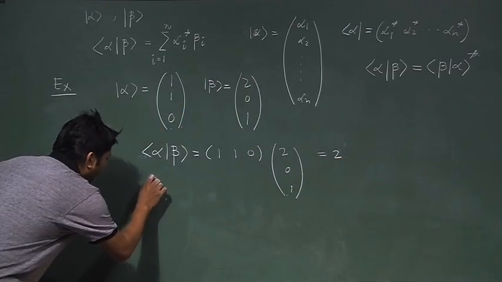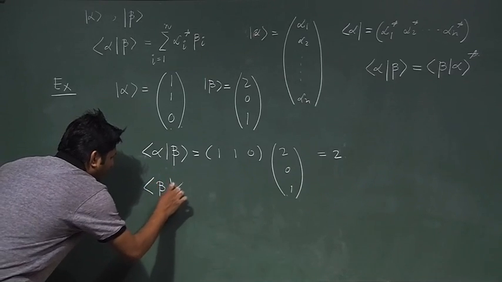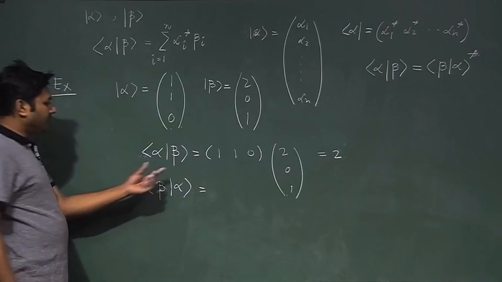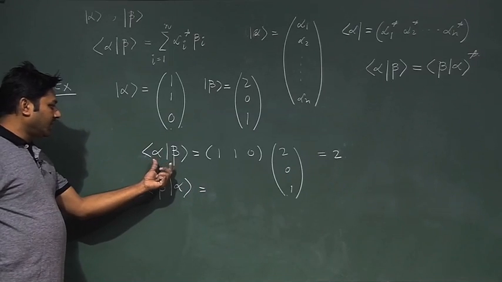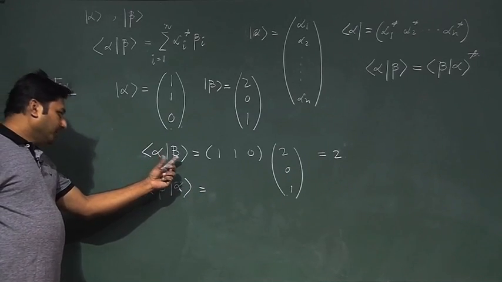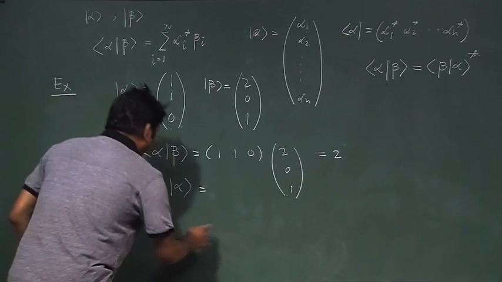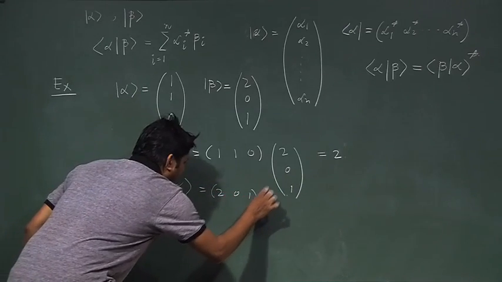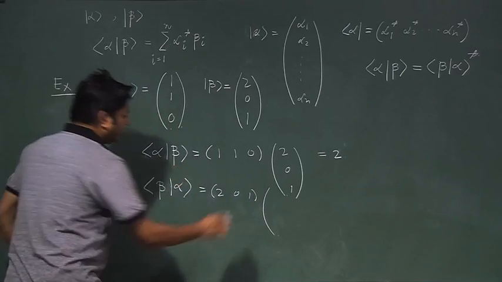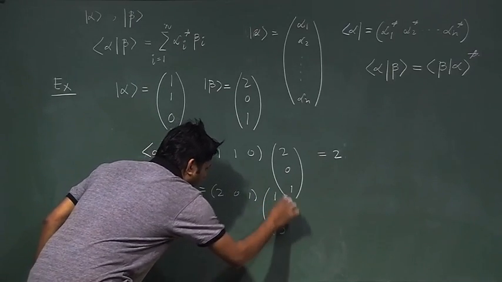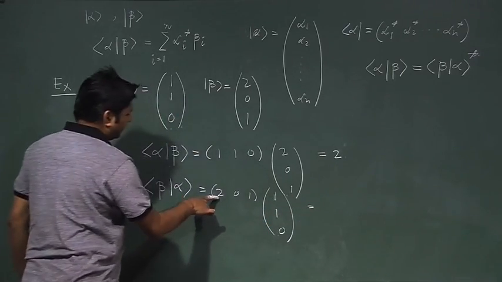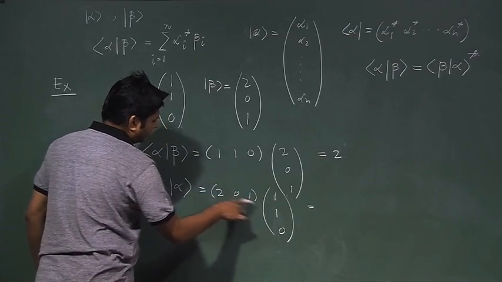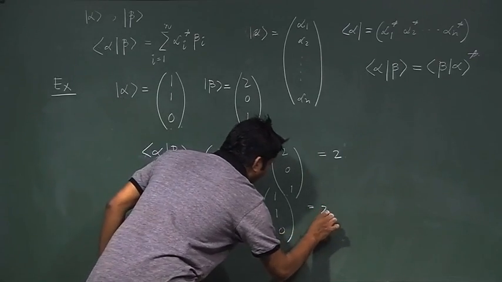Now, if I do the way I did last time, just rotating these two vectors, instead of alpha beta, now I am doing beta alpha. So now beta I need to rotate, so 2 0 1 and then 1 1 0. Again if I multiply this into this, 2, 0 and 0, I will have 2.